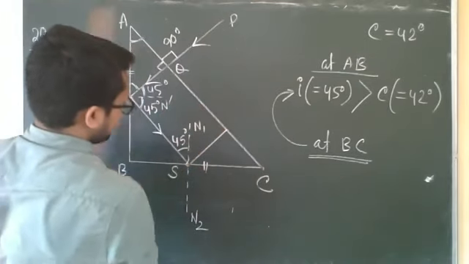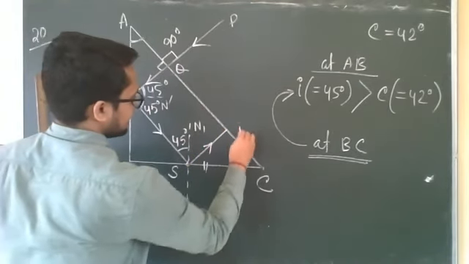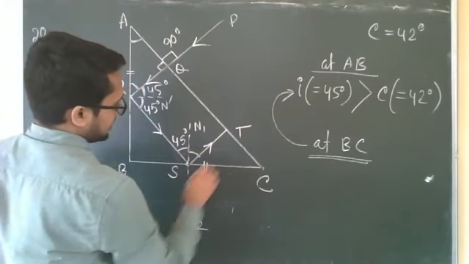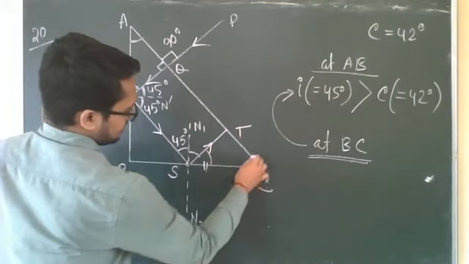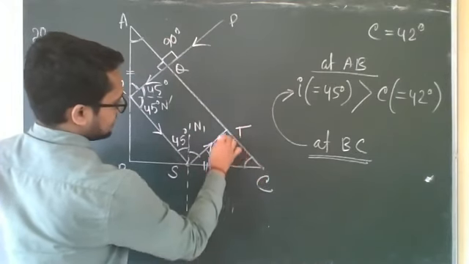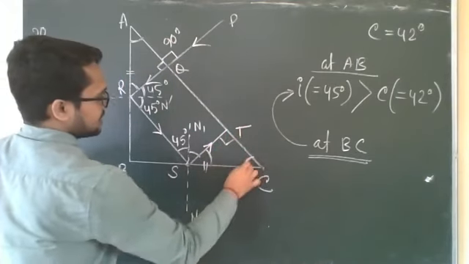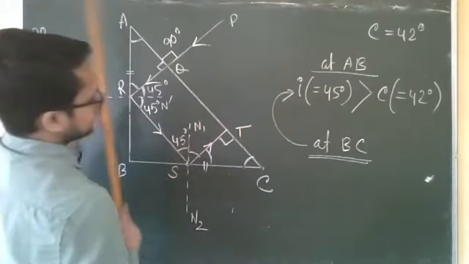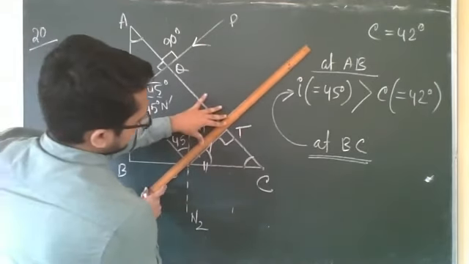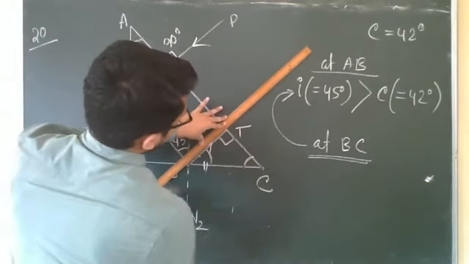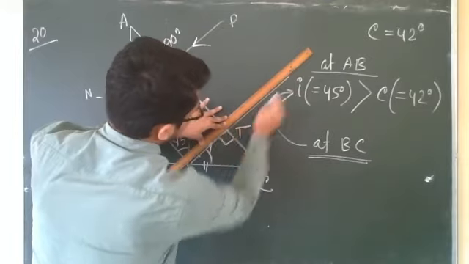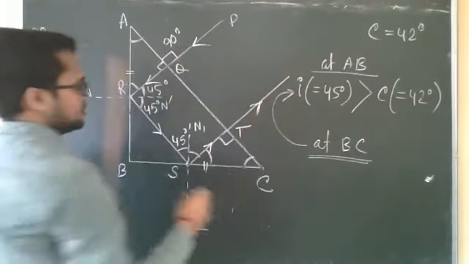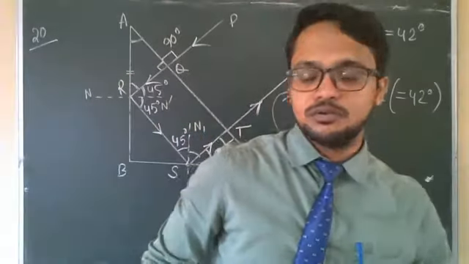So PQRS, here T. This angle is also 45 degrees. This is 45, this is 45, then obviously this is 90. That means ray ST is incident at surface AC again normally. Normal incidence means no deviation, so without any deviation it will go out.